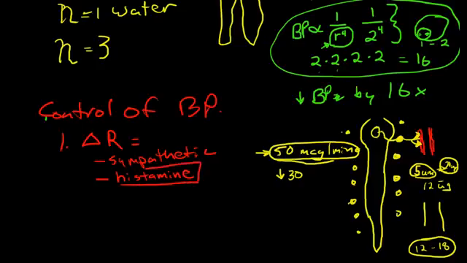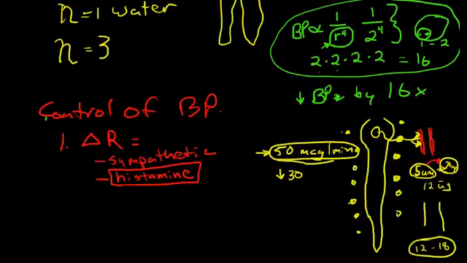If you have a histamine release throughout the body with an anaphylactic reaction, histamine causes the vessels to dilate significantly, by 50% or more, and blood pressure plummets. You can end up with a blood pressure that is a third or a fifth of normal, and you can end up with a patient that codes.